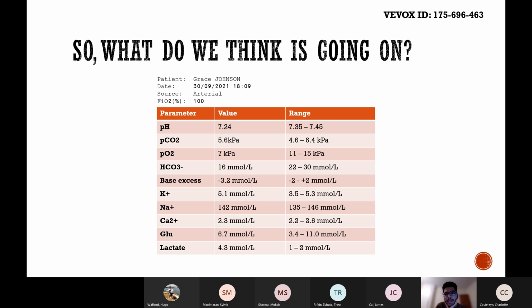Any ideas? So we had a hypotensive tachycardic patient, so we know that she's shocked. Ria, before she left, said it's something to do with an infection. And now looking at the ABG, we can see that she's got what going on in the ABG?